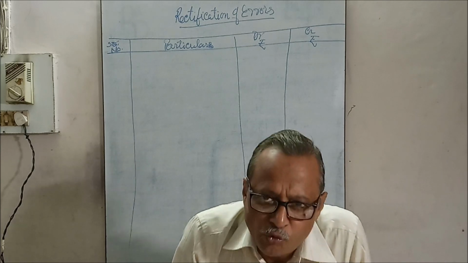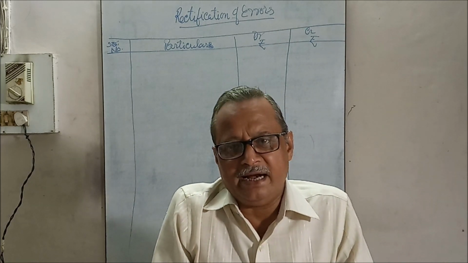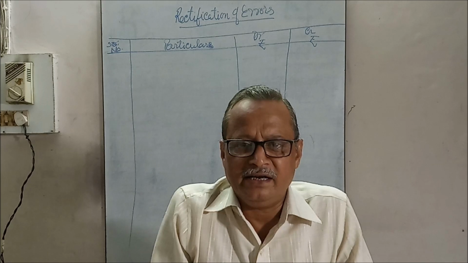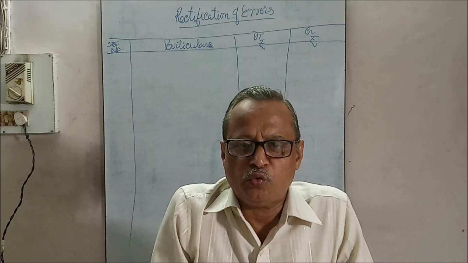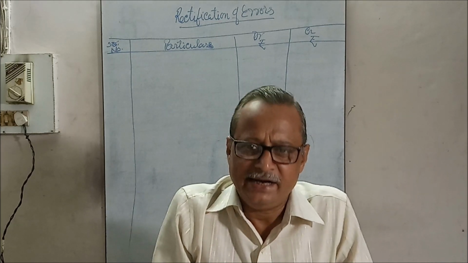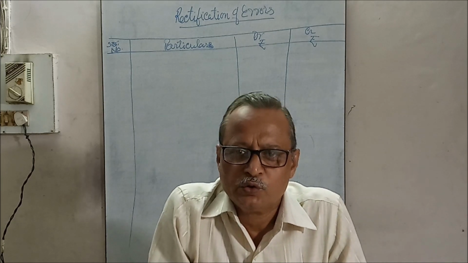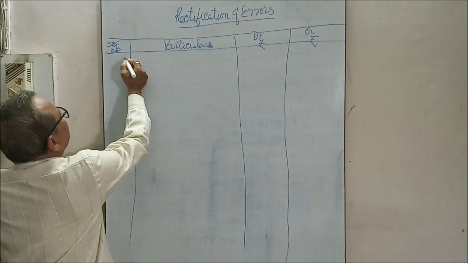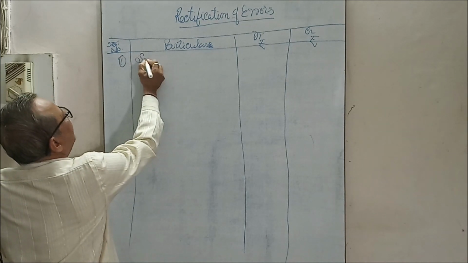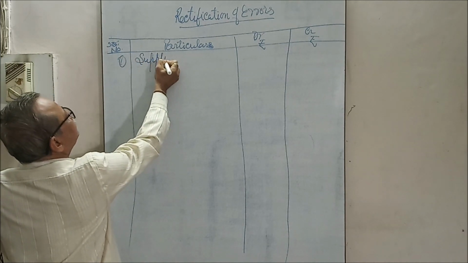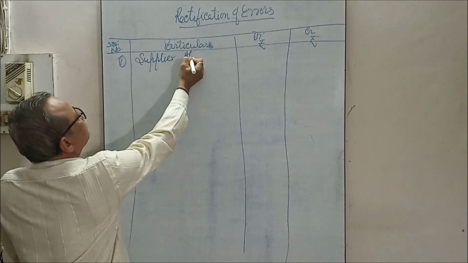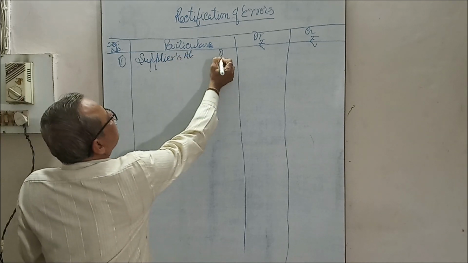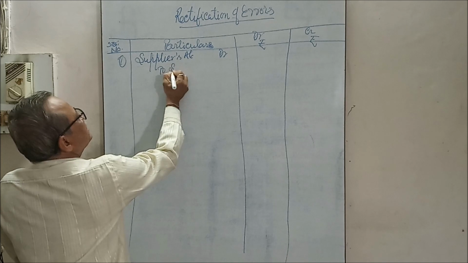In the account of supplier, 990 was posted in place of 99. It means the excess amount was posted to the credit of the supplier. So what to do? The supplier should be debited to suspense account. Then number one, supplier account debit to suspense account.